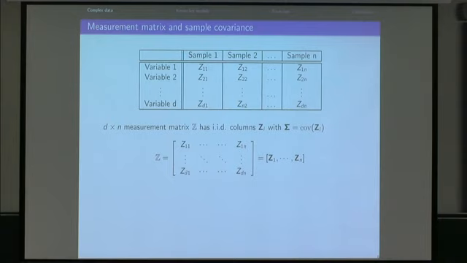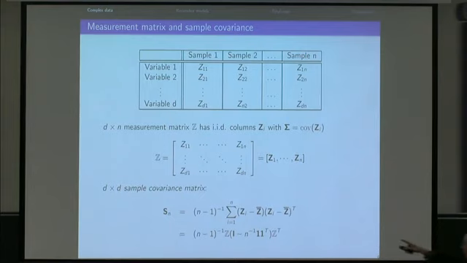D is the dimension, S times T. And so we can then form the measurement matrix, which I call Z, with columns equal to each one of the samples going over the variables, those variables being space in this case, or maybe space and time, or maybe gene index or other type of index. And then we can form a sample covariance matrix, which is also D by D, that has this form here. And in order to even form the covariance matrix, you have to have n greater than 1.